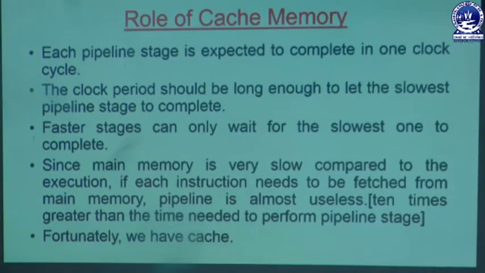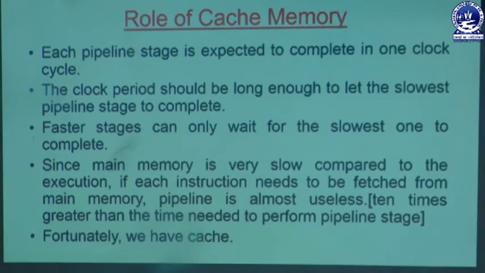So if it takes much more time to fetch the instruction from the main memory, then the pipeline is approximately useless. Or you can say, the fetch time will be 10 times greater than the time needed to perform the pipeline stages.